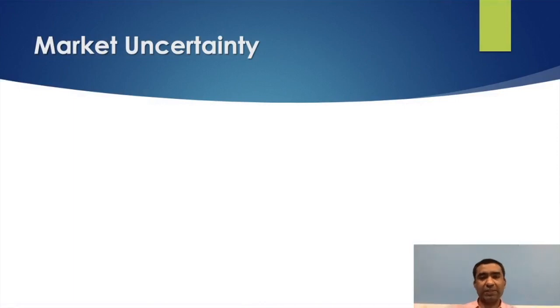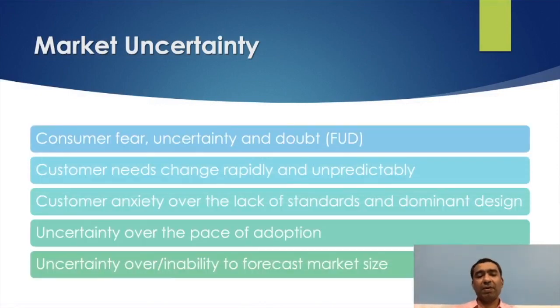So, market uncertainty. Here are the factors which we consider under market uncertainty. Why? The people, especially the customer, have uncertainty, they have fear and doubts about the product, because the product is new and it is new to the market. The people are not well aware of these products. So that is why it is very important for them to be communicated to by the marketing.